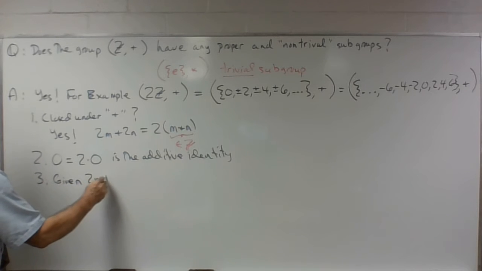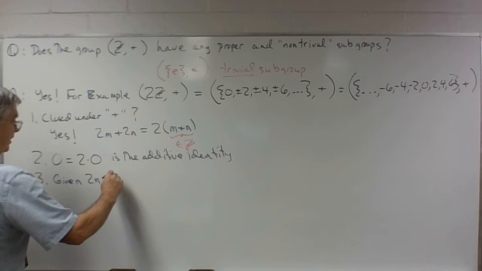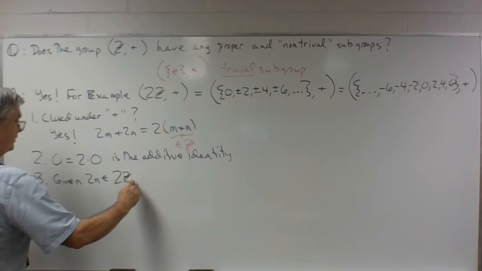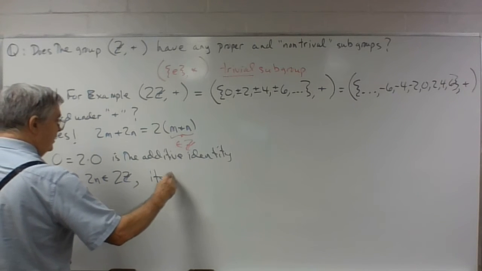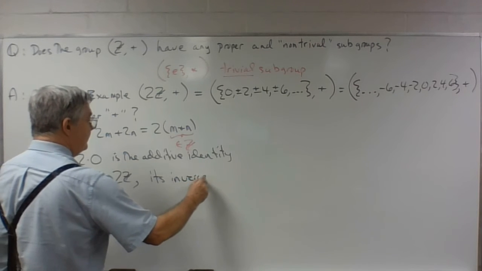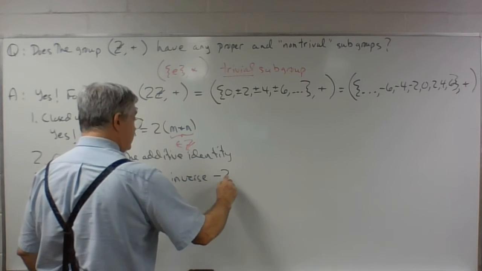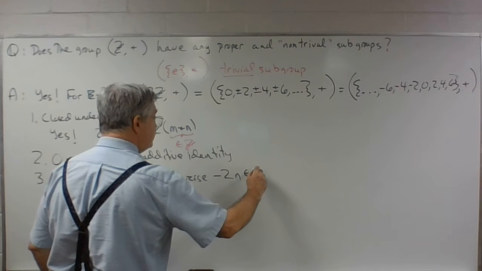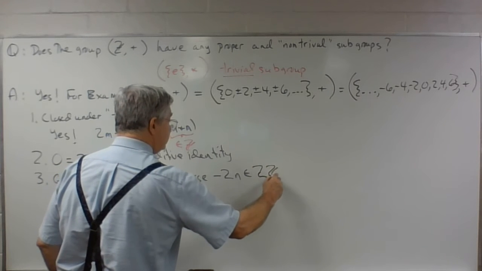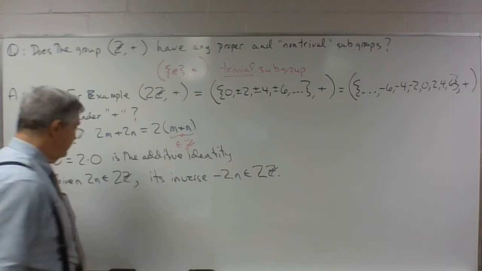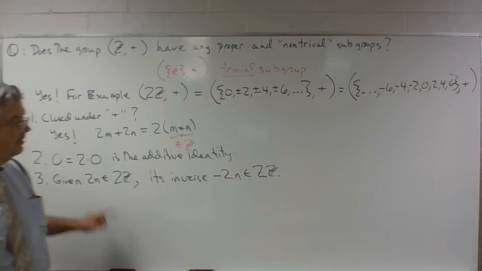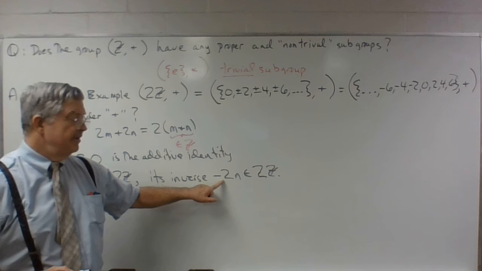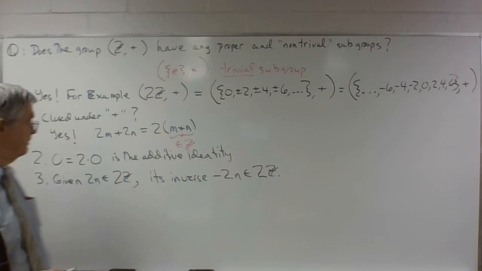So given 2n in the set 2Z, its inverse, which is negative 2 times n, is also in 2Z. The inverse of an even number is the negative of that even number, which is also an even number.